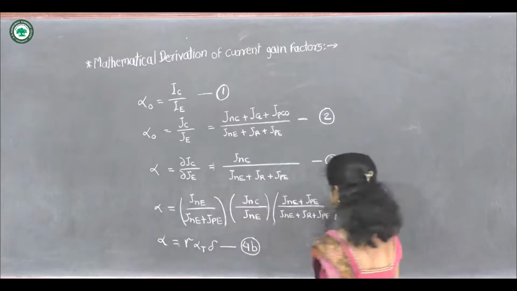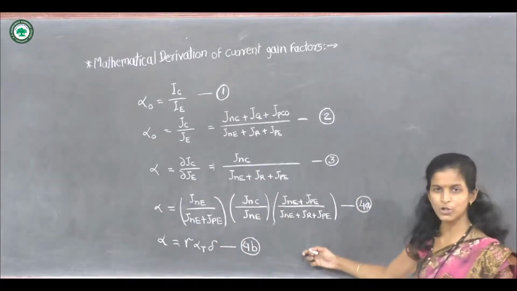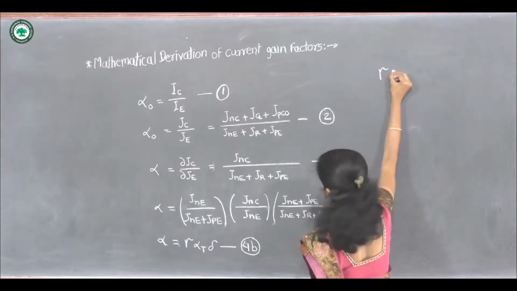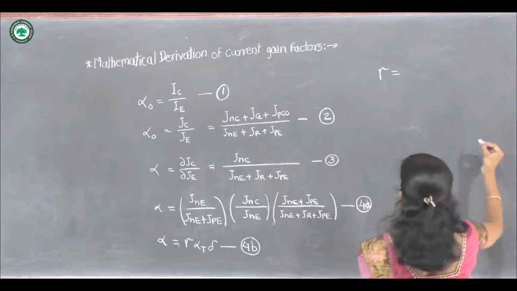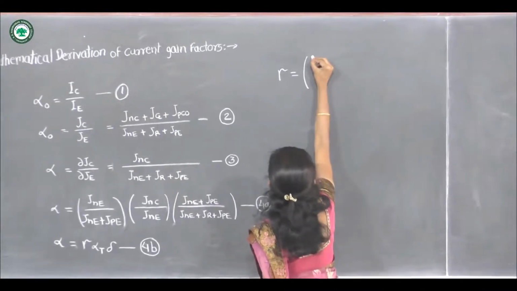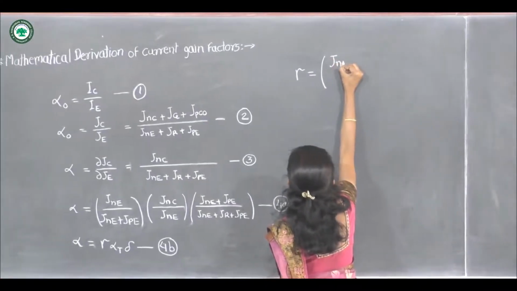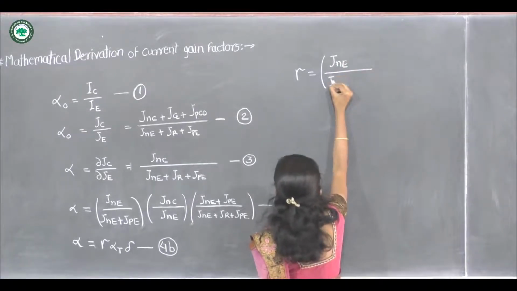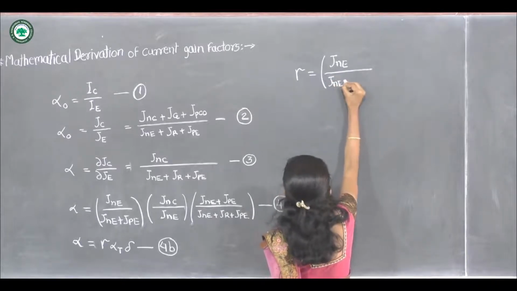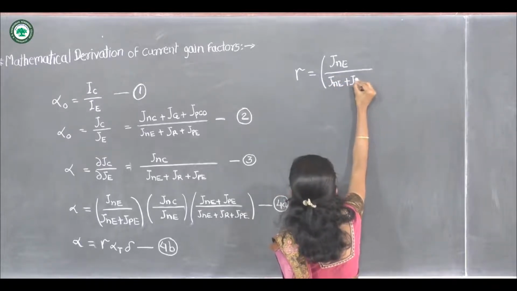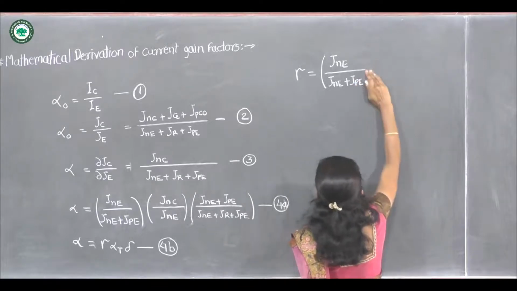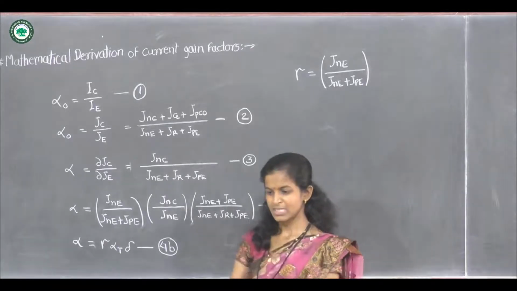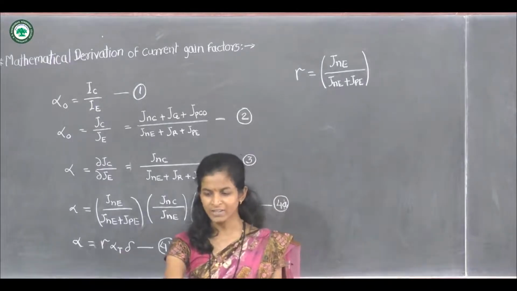By observing equation 4a and 4b, one may write gamma is equal to JNE upon JNE plus JPE.